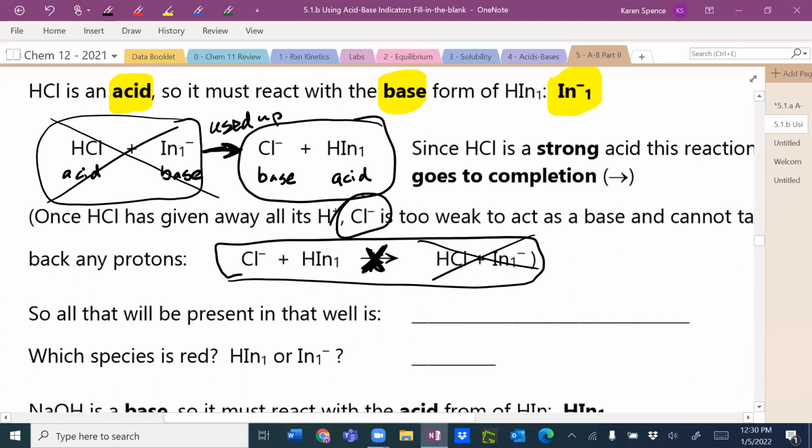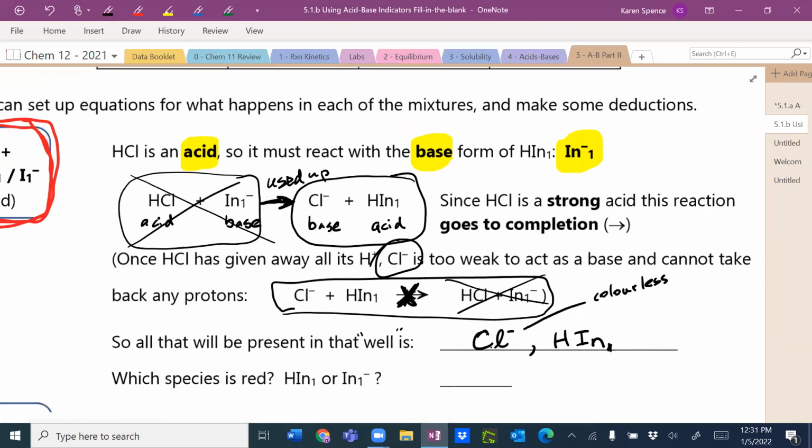So all that's present in that little well, the spot on the spot plate, okay, the well. I drew a circle, it doesn't look like a spot plate, it's not on a plate, there we go. All we have left is Cl minus, and we have HIN1. Chloride is colorless. You've seen salt water, it is not colored. NaCl water, not colored.